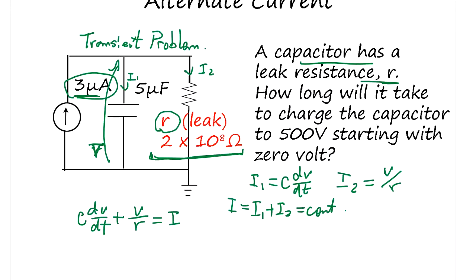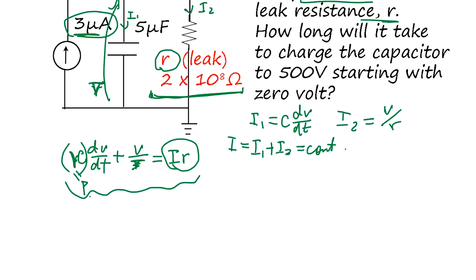Now we multiply R through both sides, and this is going to be, say, constant P. Okay, so this is the differential equation. We have to solve for V, and this is constant. So you can go through Laplace transformation.